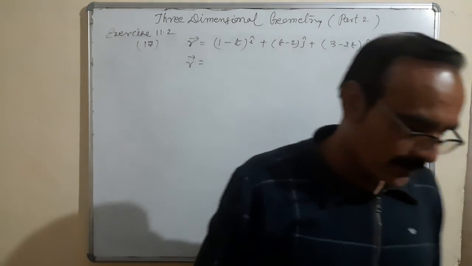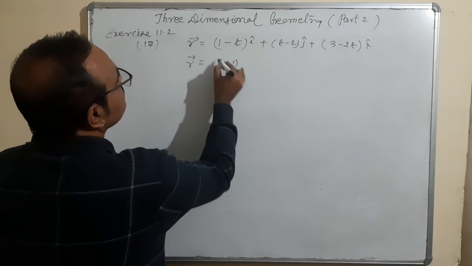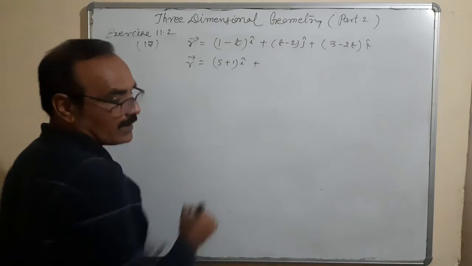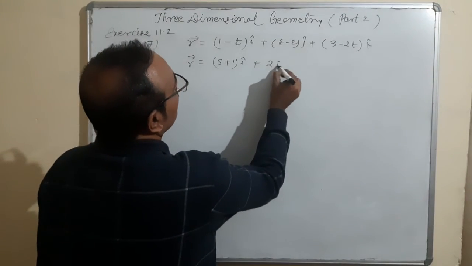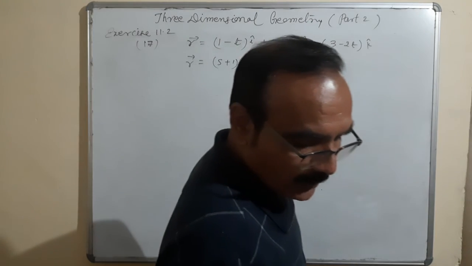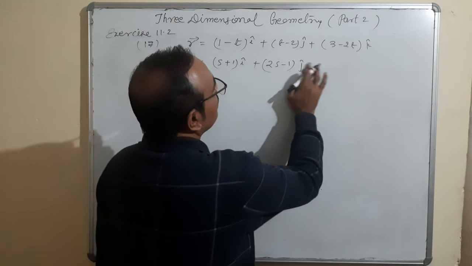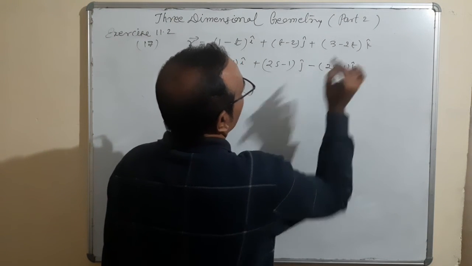Second equation is (s plus 1) i plus (2s minus 1) j and third one is (minus 2s plus 1) k.